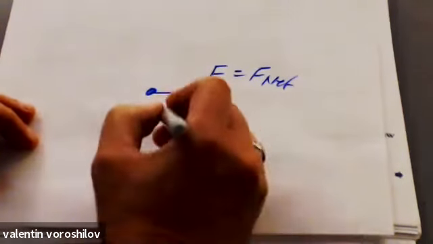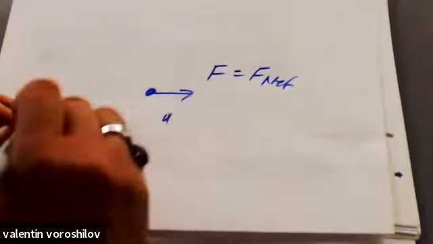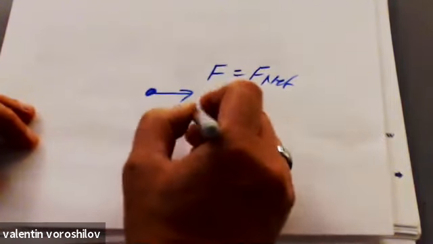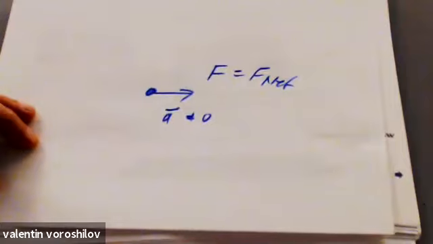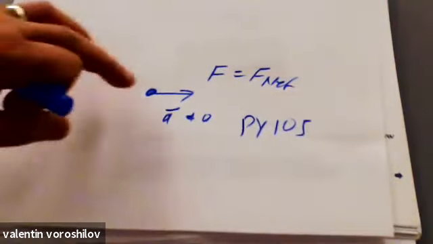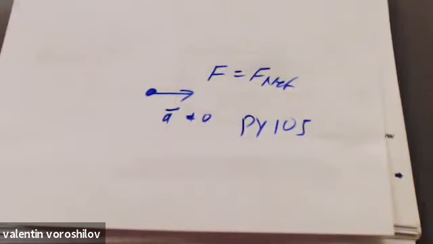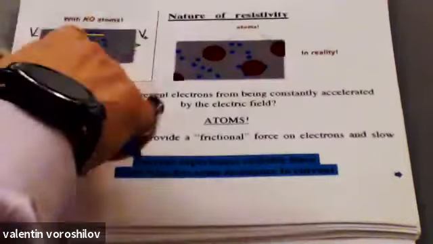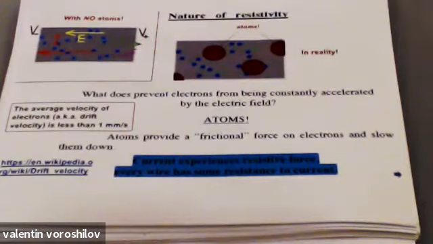That means this object would be accelerating. The acceleration would not be equal to 0, PY105. What does it mean? It means it would have been traveling faster and faster and faster forever. But that is not happening inside any conductor. Electrons cannot accelerate and travel infinitely fast.